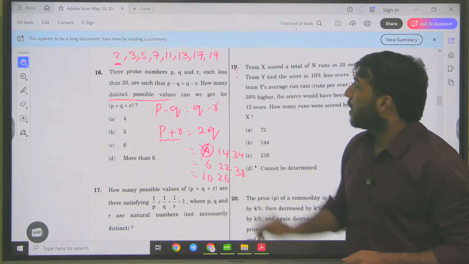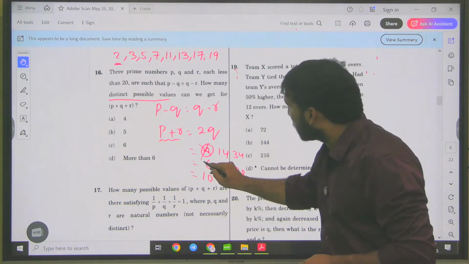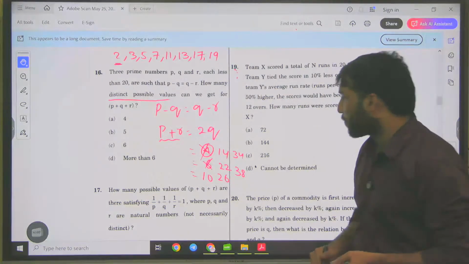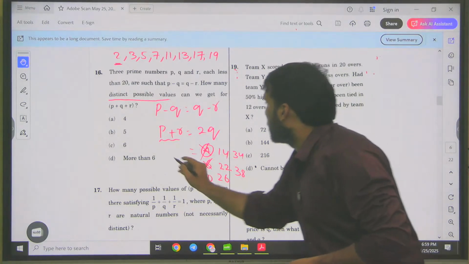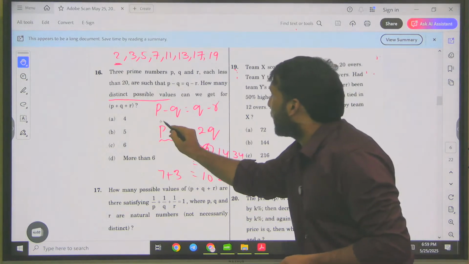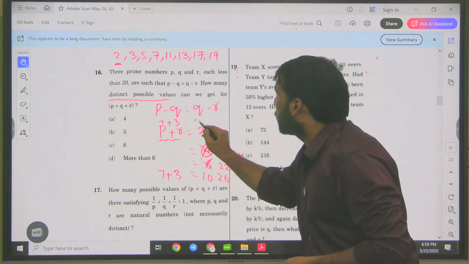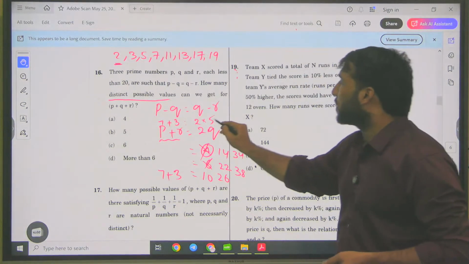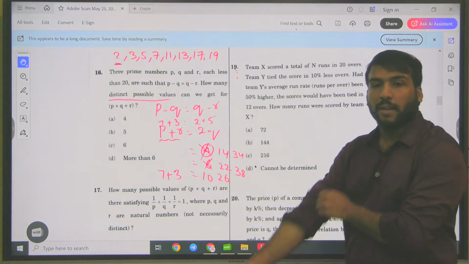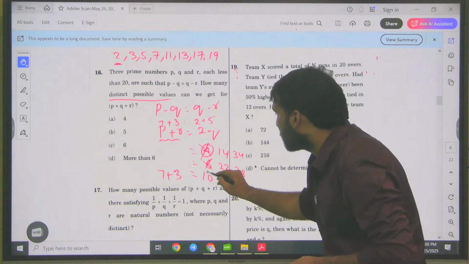Next, 6 is also not possible, because if you add any two numbers, I am not going to get 6. Next, 10: 7 plus 3, I am getting 10. Distinct, because 7 plus 3 is equal to 2 into 5. So 3 prime numbers less than 20. Yes, so 10 is possible.